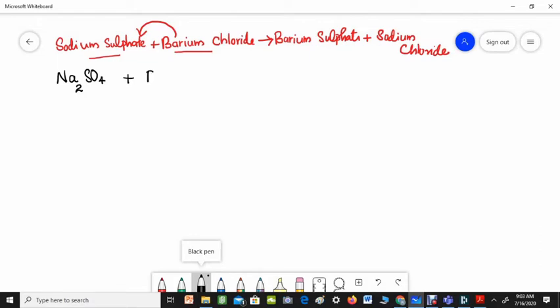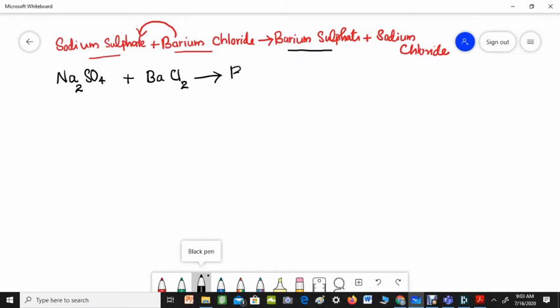The formula for barium is Ba and for chlorine it is Cl. The barium valence is 2 and the chlorine valence is 1. Now, barium chloride formula is BaCl2. So, Na2SO4 reacts with barium chloride and the products are barium sulfate. So, you need to exchange the ions barium and sulfate.